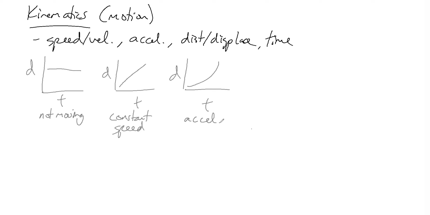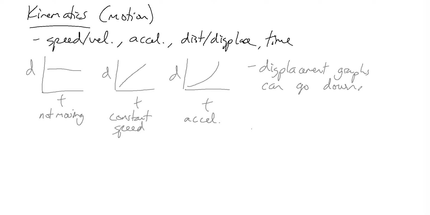Now, you've got to be a little bit careful sometimes with graphs, whether it's a distance graph or a displacement graph. They're often totally interchangeable. But one of the key distance-displacement differences is that displacement graphs are the ones that can actually go down.